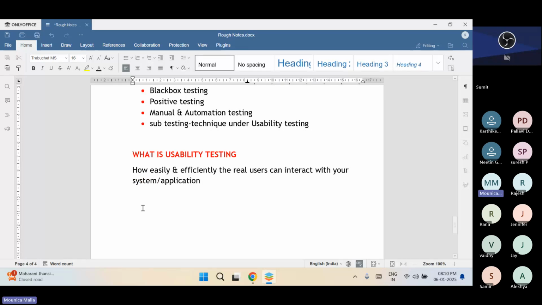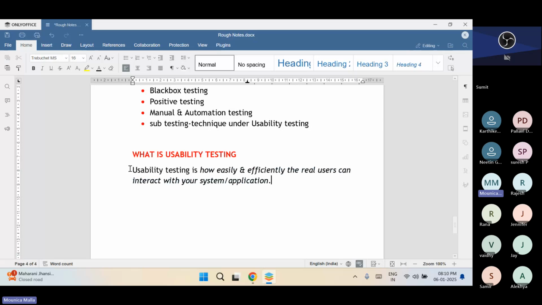So this is what usability testing focuses on. This is my way of defining it: how efficiently and how easily the real users can interact with your system. I am going to explain this with some examples also, so do not worry about it.